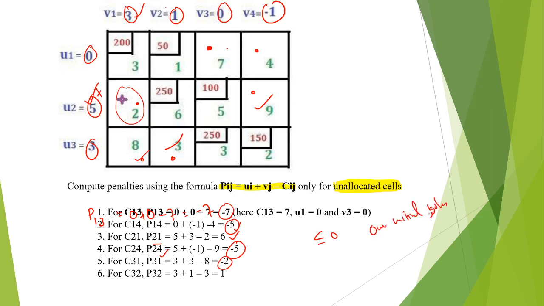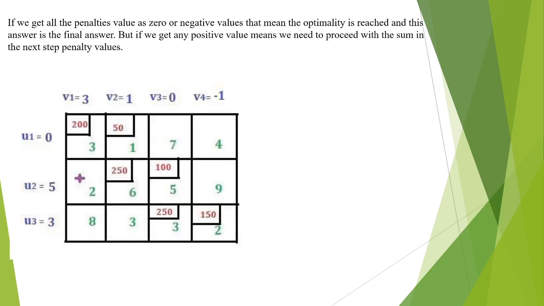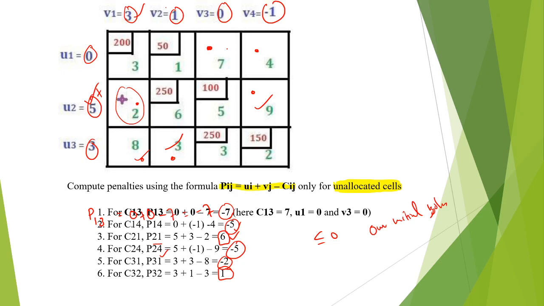But here there are positive values, so this is not an optimal solution. So then we will choose the highest penalty value. It is for C21. This is the cell with the highest penalty value, so we want to include this in the solution.